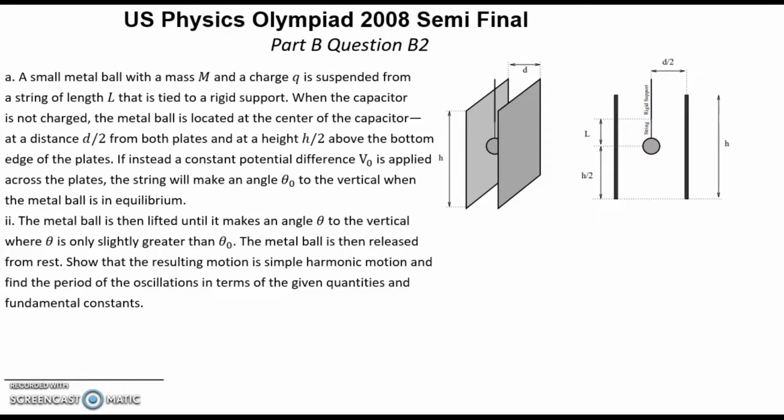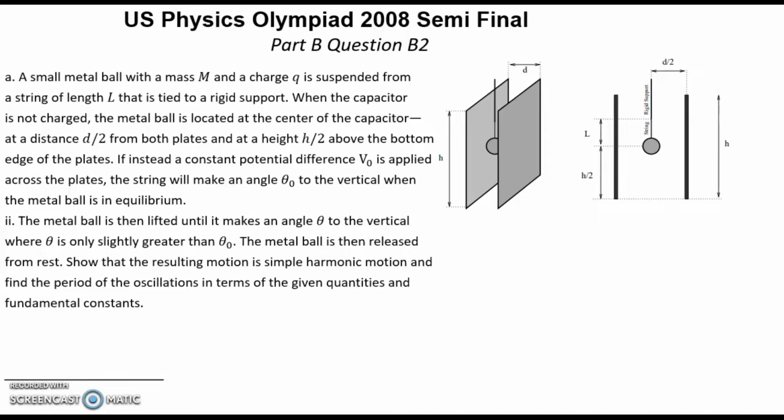So first of all, if we apply, additionally to the gravity force, the electric force, we have a new force at the angle θ0 acting on this ball, and we can assume that this new net force acts like a new gravity force, and we can find g prime, the gravity acceleration for this force.